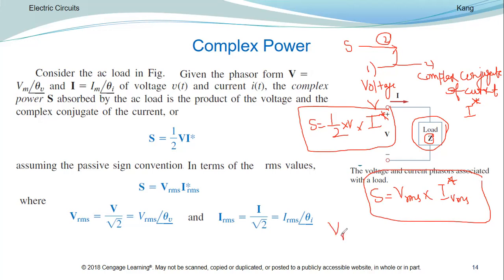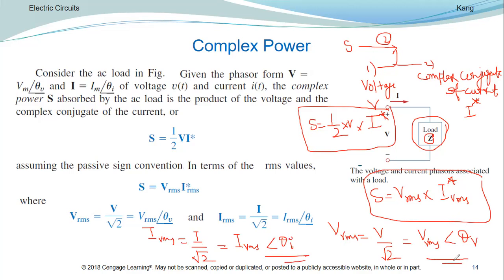So V RMS value will be V upon root 2, which equals V RMS with the angle theta V. And the second parameter is my I RMS. So I RMS will be I divided by root 2, which equals I RMS with the angle of theta I.